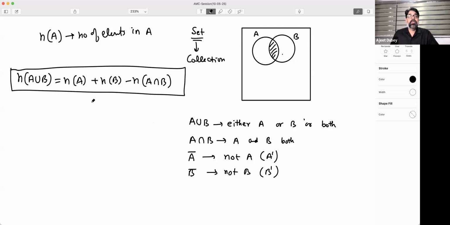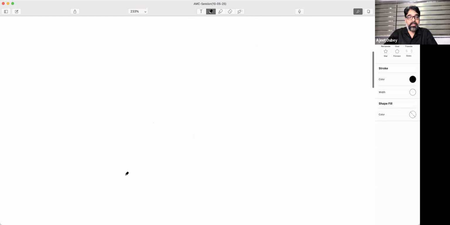On this basis, we are going to deal with the questions. I hope this part is clear to everybody. Right? So we start with simple questions and then increase the level. Let's get ready.